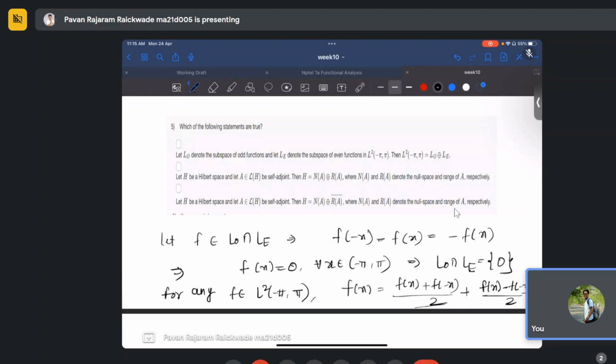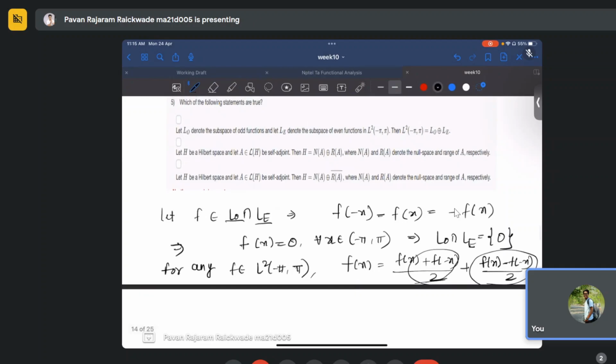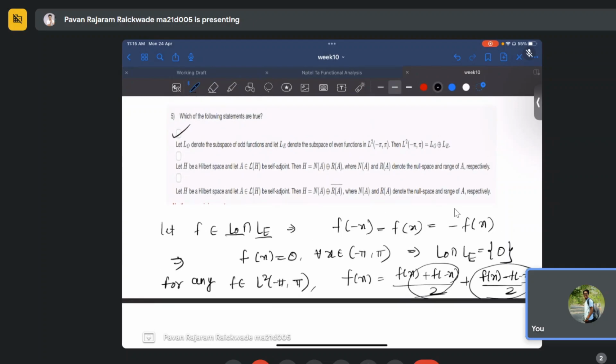Okay, let's see, is this odd or even? f(-x)... yeah, this is an even function, and this is an odd function. So you can write every function as the sum of an even and an odd function and their intersection is empty, so this is the direct sum. Okay, yeah, this is clear.